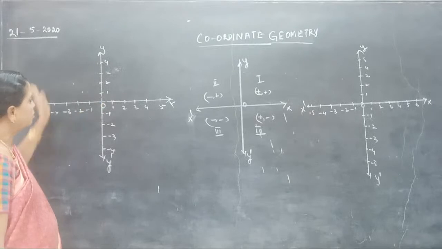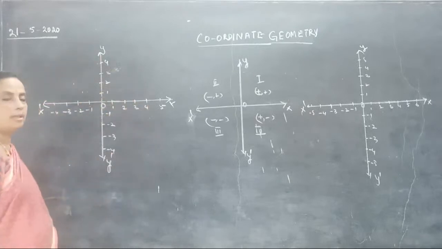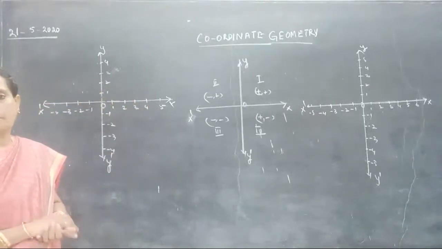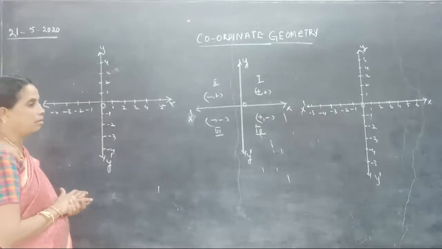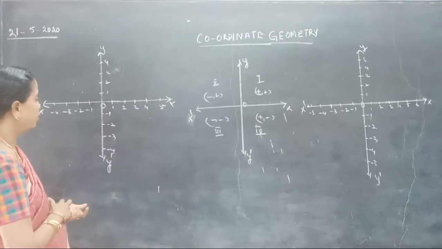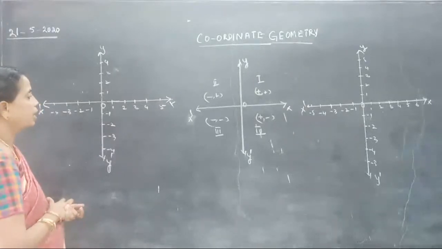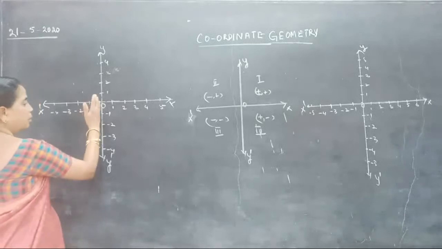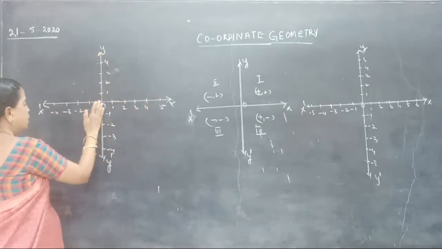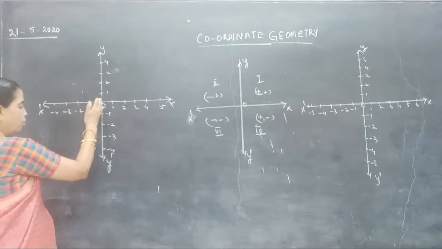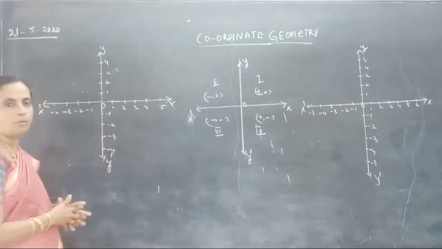Then here comes the plane called the Cartesian plane. It is named after a famous mathematician, Rene Descartes. We have the right side positive, above positive values, left side negative, down negative values.